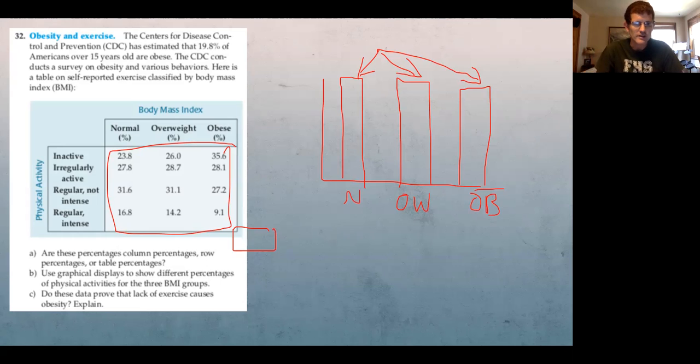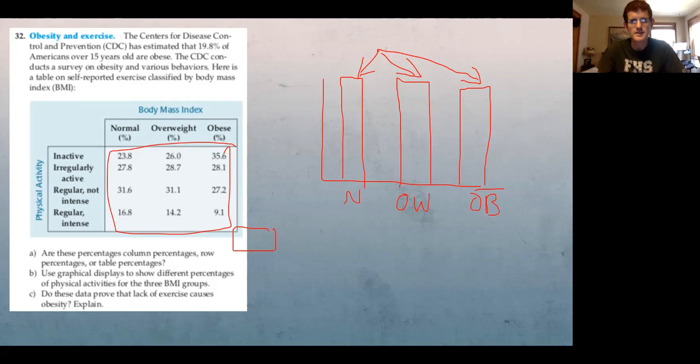The question is kind of a trick question. It says, do these data prove that lack of exercise causes obesity? And in statistics, proof is a very high bar. And so we will have ways of showing causal effects for things later on. But right now, this does not prove anything.